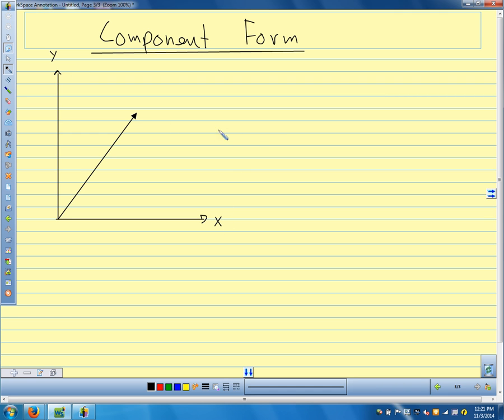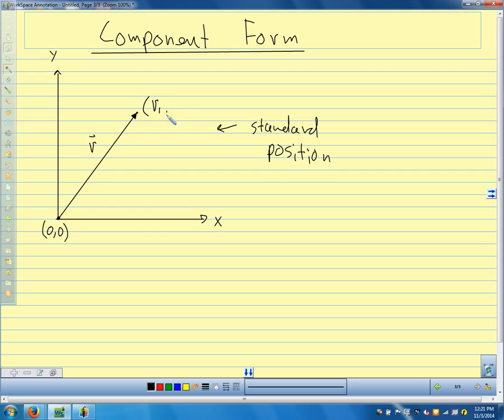So we call this standard position. And if this is vector v, our initial point is at 0, 0. And we're going to say that our terminal point is at the point v1, v2, just some point. And v1 and v2 are the coordinates of that point.